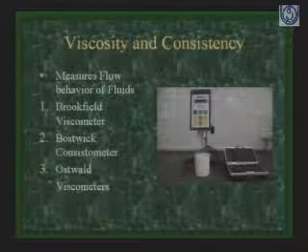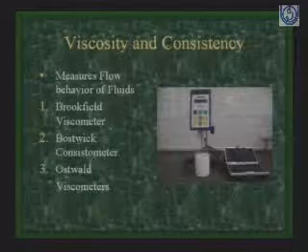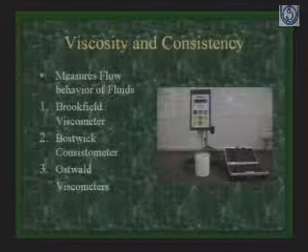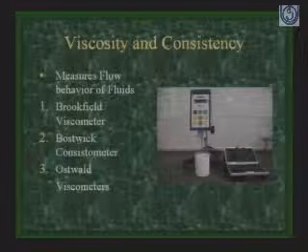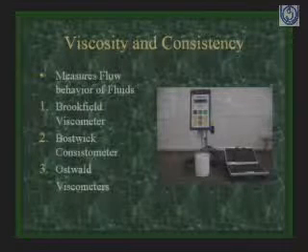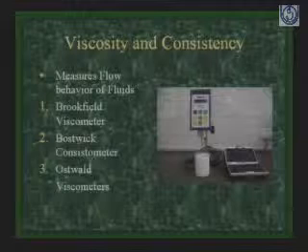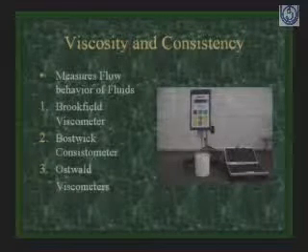There are different types of viscometers. Viscosity measures the flow behavior of liquid samples. And there are two types of liquids, Newtonian liquids and non-Newtonian liquids, which follow the Newton law and which do not follow the Newton law.